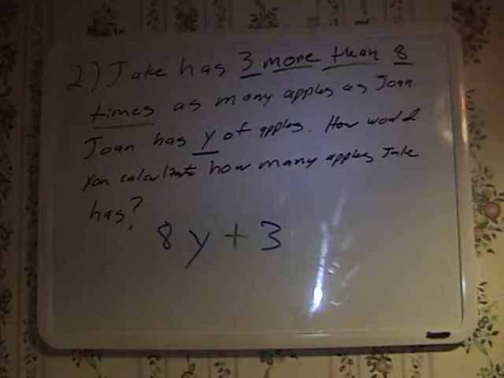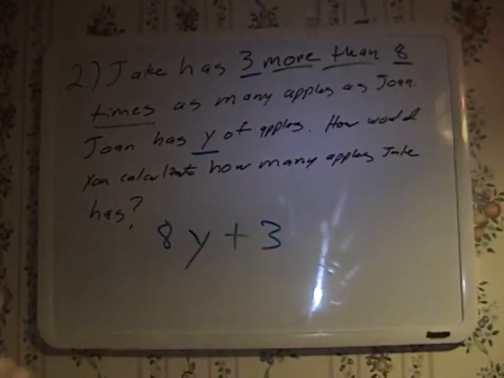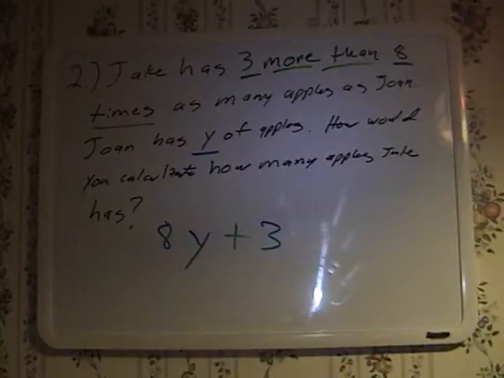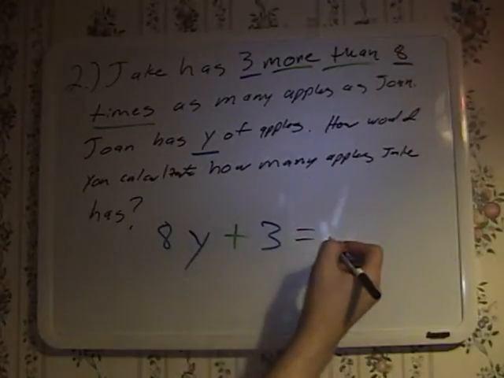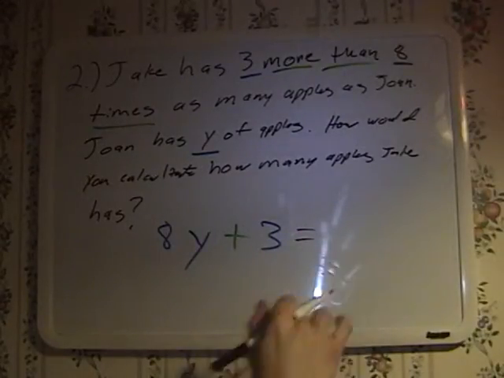Now, just as a bonus, to show you how to do the algebraic manipulation to find how many apples Joan has, to isolate Y, because we're going to get to a problem later where isolating Y is important, we have to undo the operations that are done. Because right now we have an equal sign and a blank over here.